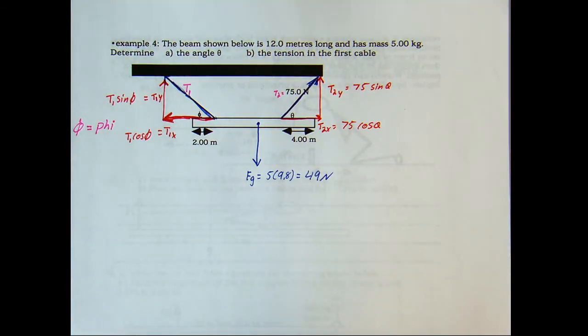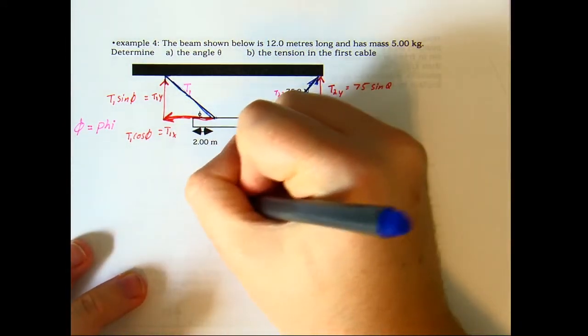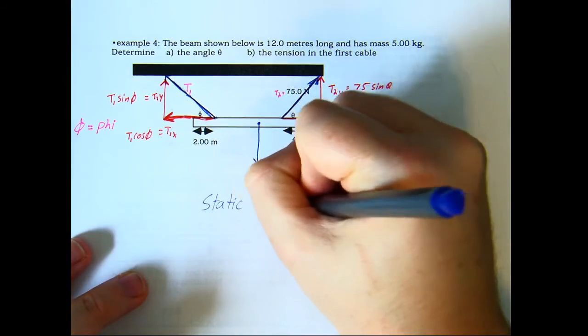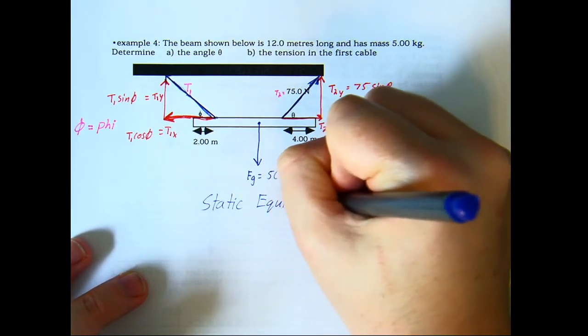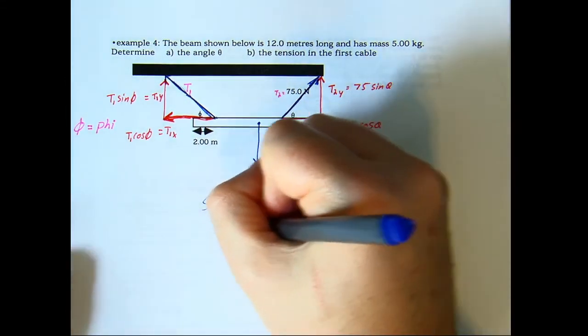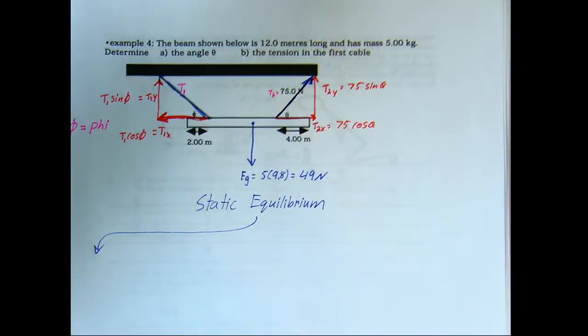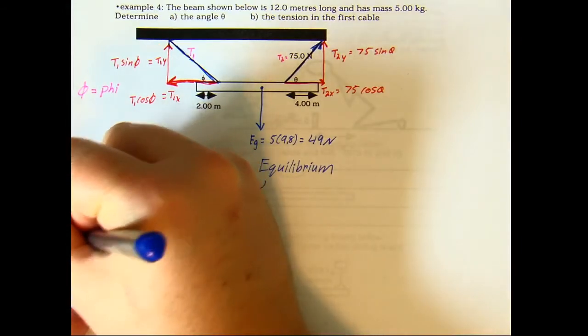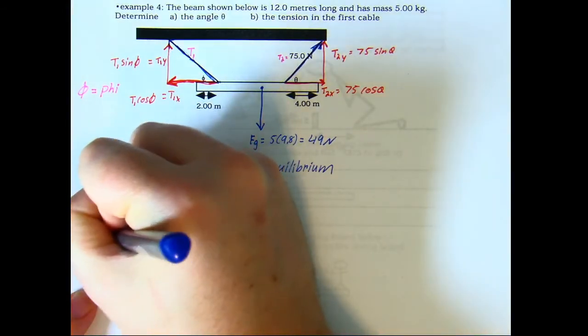So this is everything that we've got here, and we know this thing is in equilibrium. So it's in static equilibrium. And that's going to tell us three things. Static equilibrium implies that my forces left equal my forces right.